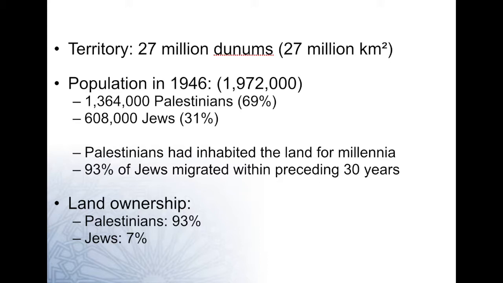The Palestinians were 70% of the population, and the Jewish people were only 30% of the population. And in addition to that, the Palestinian people had lived there for millennia. The overwhelming majority of the Jewish people at that time were recent migrants, had only come within the last 30 years. This is what the United Nations decided.